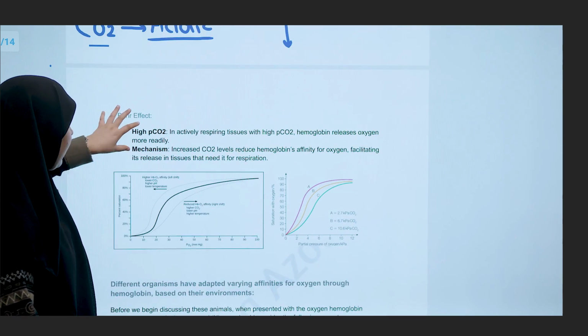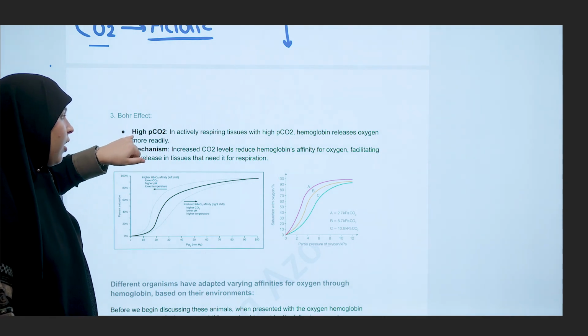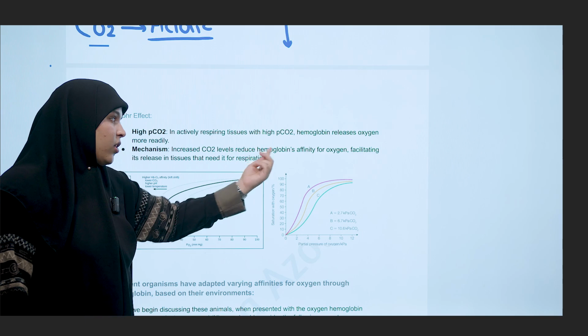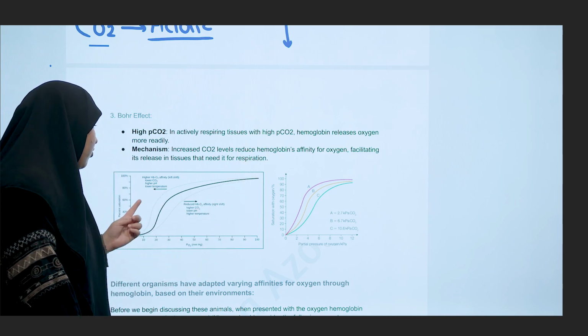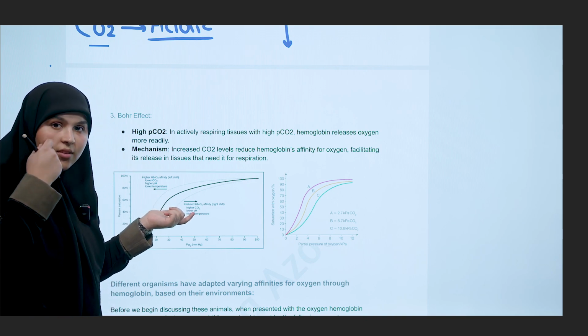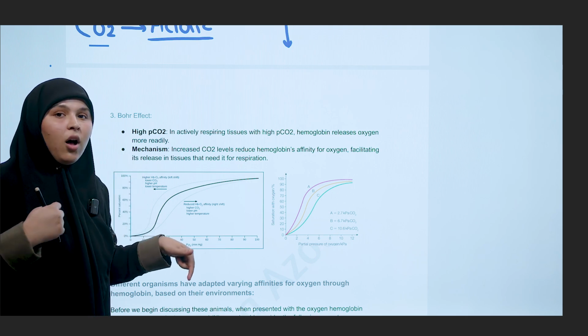So the Bohr effect is talking about the high partial pressure of carbon dioxide. Increasing the levels will reduce the hemoglobin affinity for oxygen. So why it's very important to discuss this: because without this phenomenon, we won't be able to unload the oxygen to the cells.